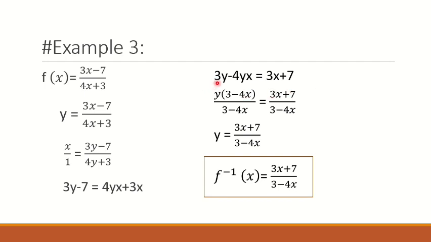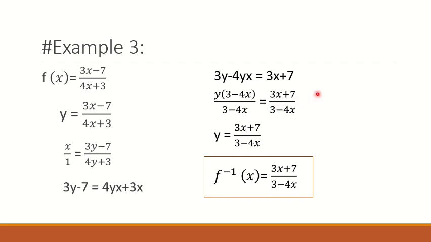In this next step, you need to find the GCF of 3y minus 4yx. So the result will be y times (3 minus 4x), and then you need to copy the 3x plus 7.